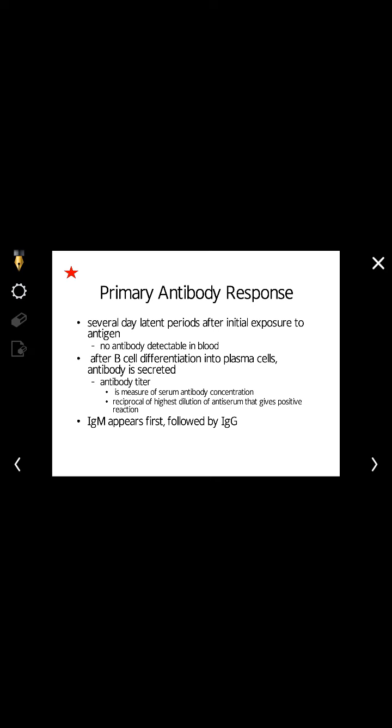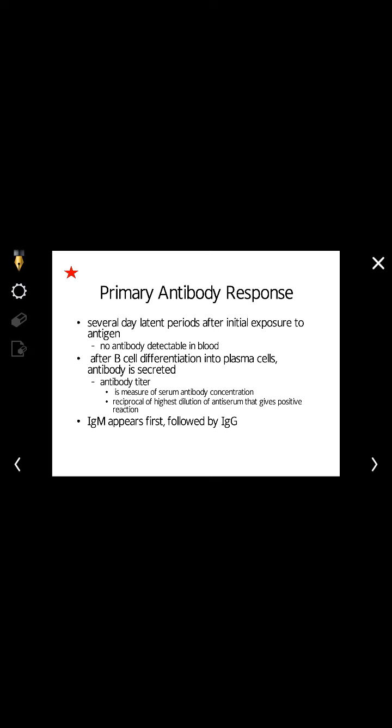An antibody titer is used and is a measure of serum antibody concentration and the reciprocal of the highest dilution of antiserum that gives a positive reaction. Antibody titer is a measure of the serum antibody concentration.